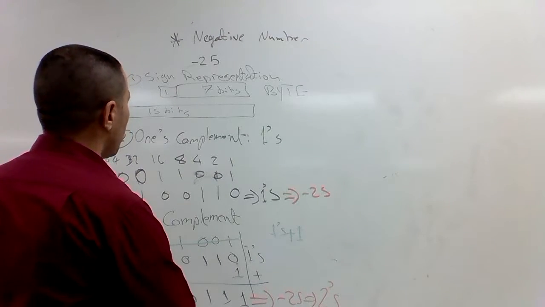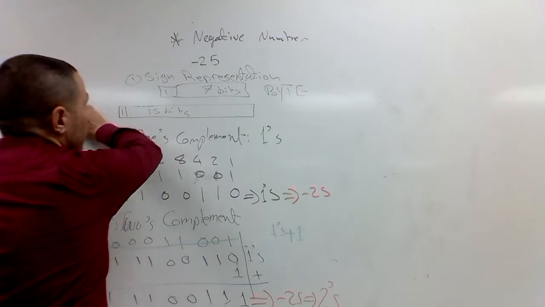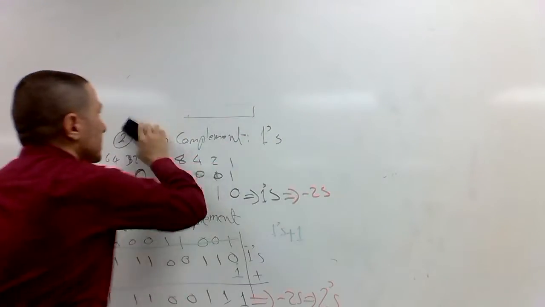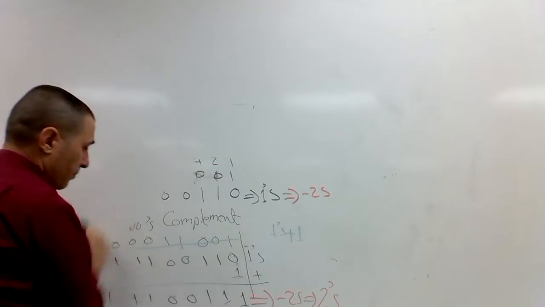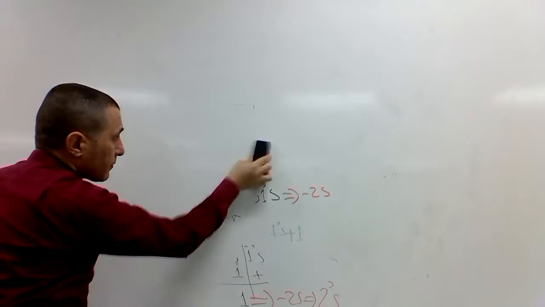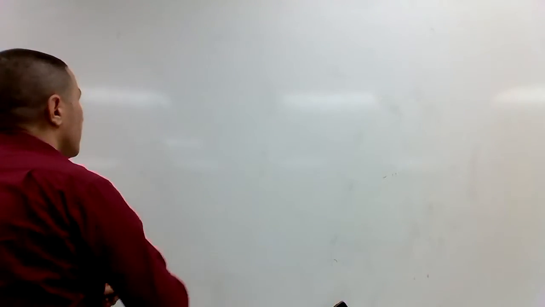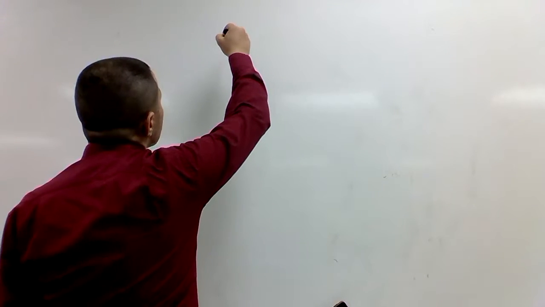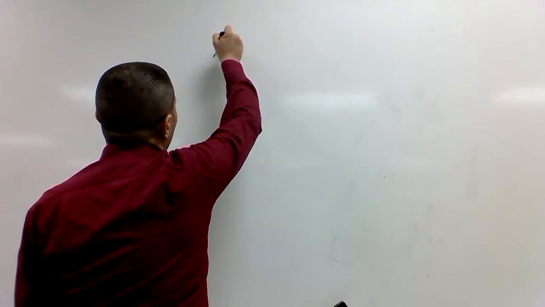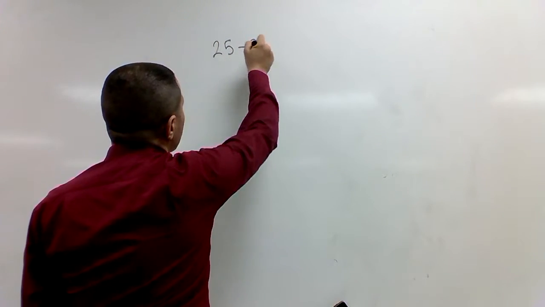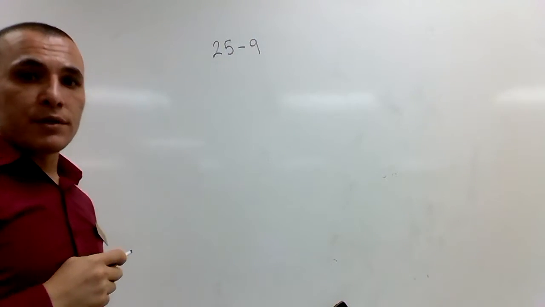Hopefully this was good enough. Now let's take a small example and show you how this works on a computer level. Let's say I have 25 minus 9. What does this equal?